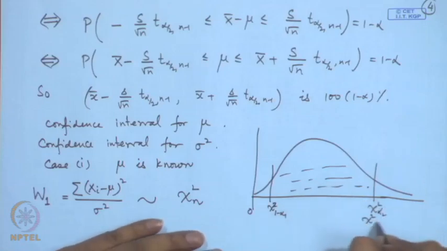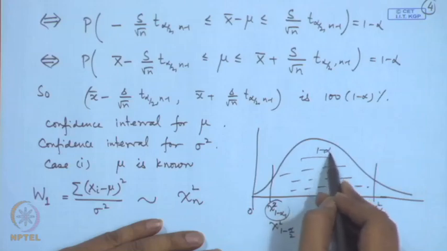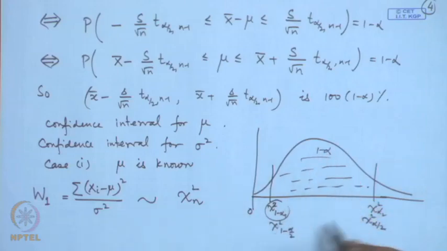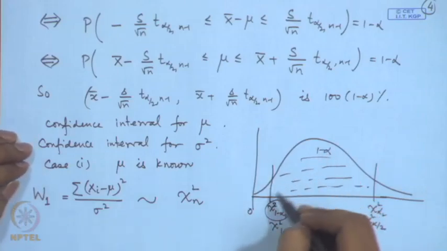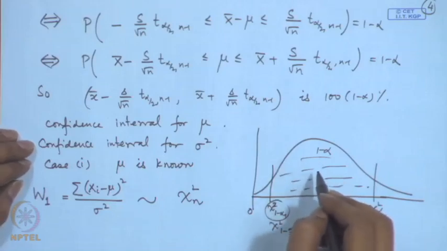So, we take this as chi square alpha by 2 and this value as chi square 1 minus alpha by 2. In that case, this probability will become equal to 1 minus alpha. So, this is only a compromise solution. One may actually get different solutions for the confidence interval with the same confidence level here.